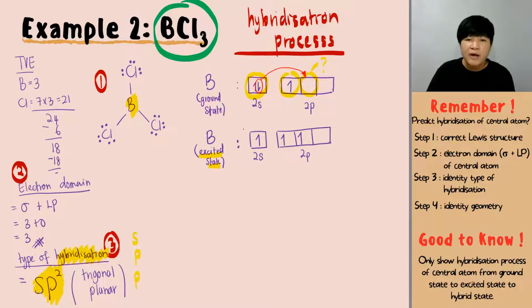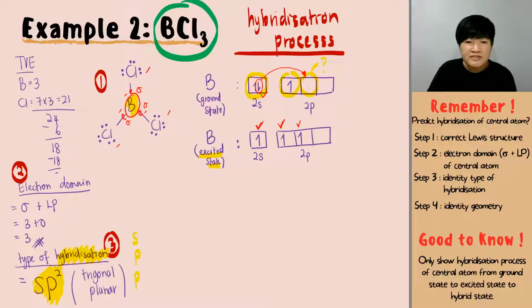Okay? And why do we need 3 single electrons? Look at your boron central atom. Your boron central atom has 3 sigma bonds. Guys, do you remember sigma and covalent bond? Which means one of the electrons in this bond is actually coming from boron. So boron needs 3 single electrons to pair up with 3 chlorine. That's why you need to excite this electron in the 2s into the 2p.